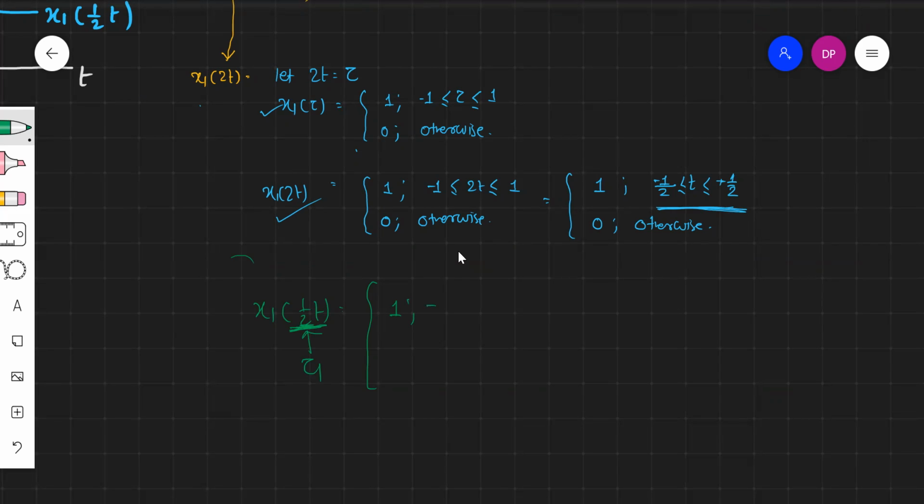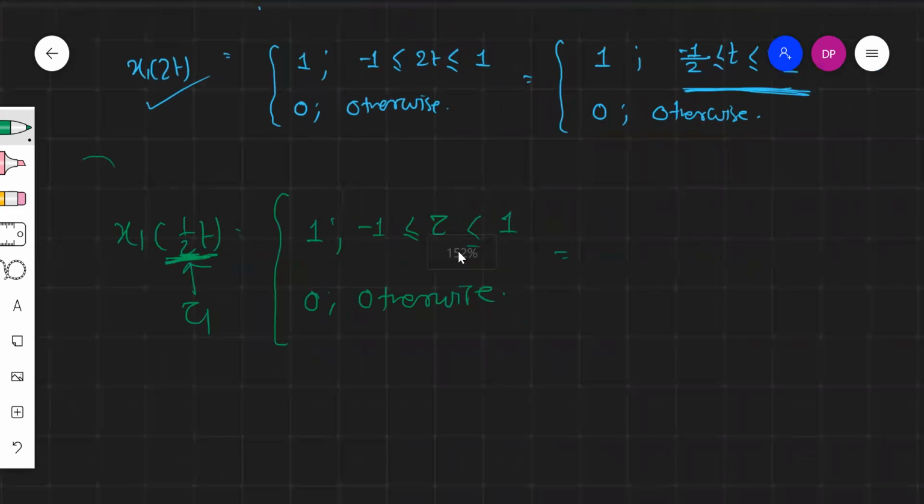So it will be equal to 1 when tau lies between -1 to +1 and 0 otherwise. So this can be written as equal to 1. What is this? This is tau 1. So what is the equivalent value of tau 1? Tau 1 is half t, half into t, which lies between -1 to 1 and 0 otherwise.